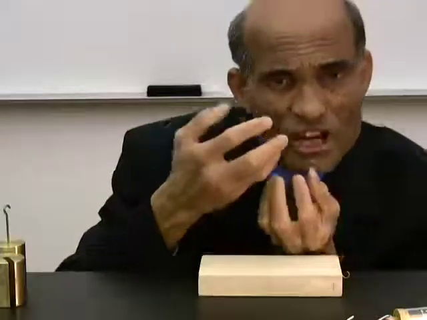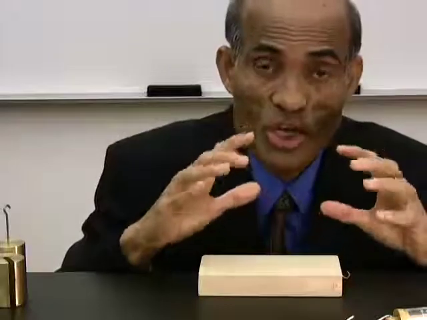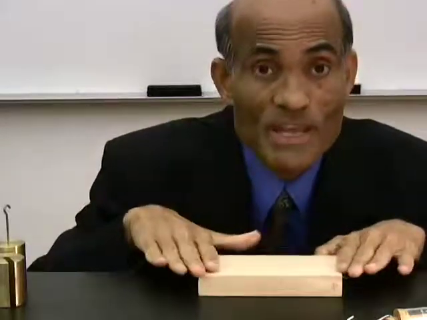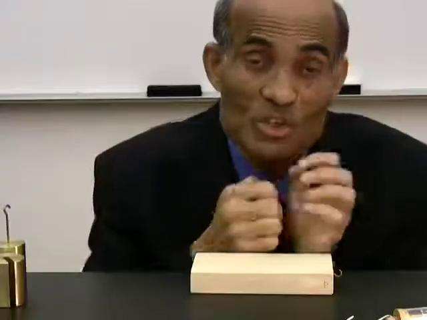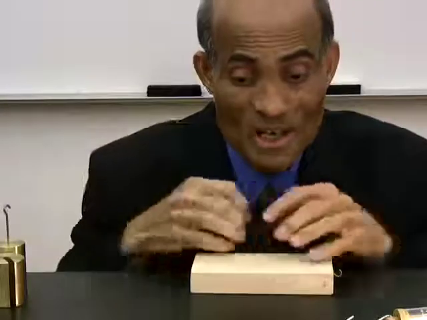The simplest explanation probably is the interlocking of the minute imperfections, because if you look at the surface of any object, although it looks smooth, there are ups and downs on any surface. So when you keep one surface on top of another, there will be interlockings of these imperfections. And in order to move one surface over the other, you need to overcome that.